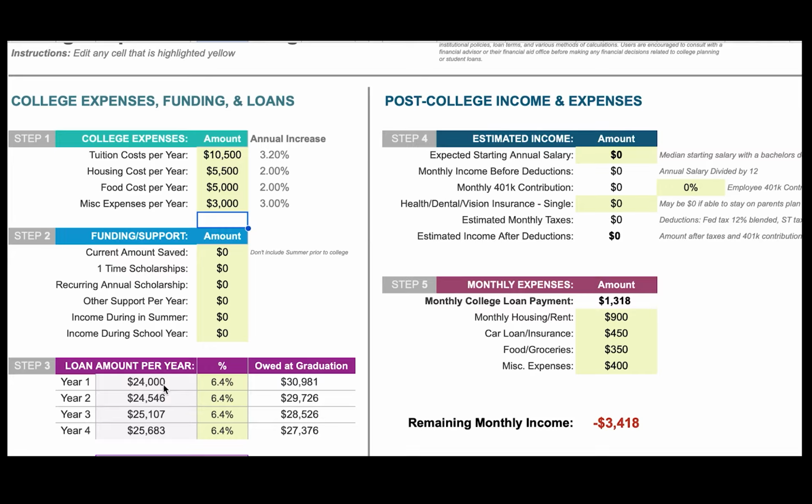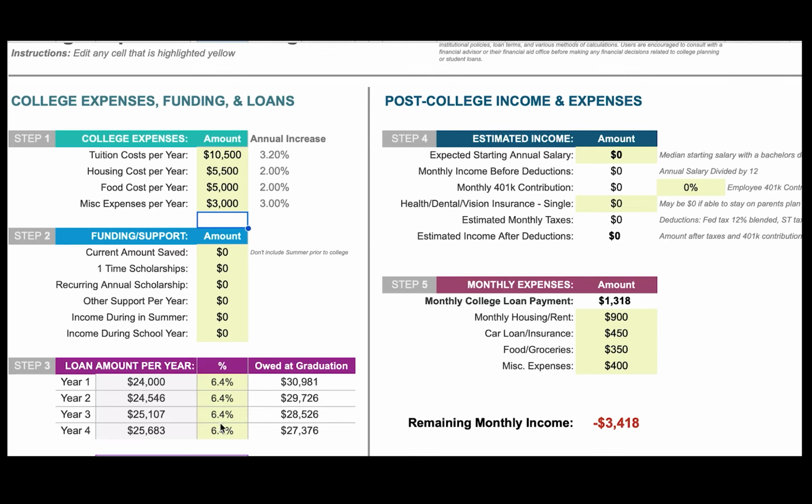So if you borrowed $24,000, after 4 years you're going to owe $30,000 on that loan. And that's because each year that interest of 6.4% starts accumulating. The next year, the interest on this plus the interest that you incurred from the year prior gets added, and so on and so forth. After 4 years, you'll owe an additional $6,000 on that loan.